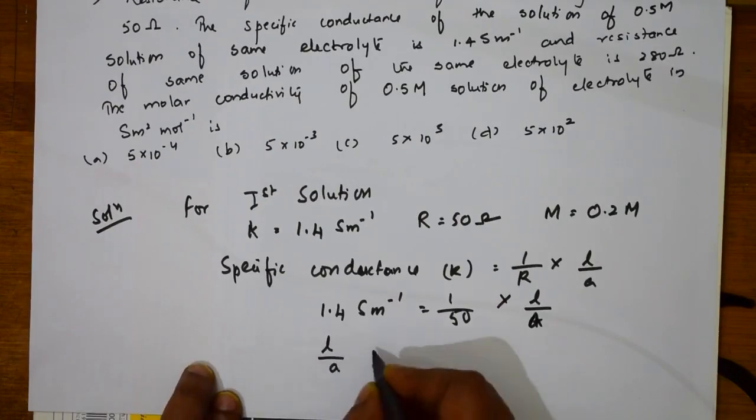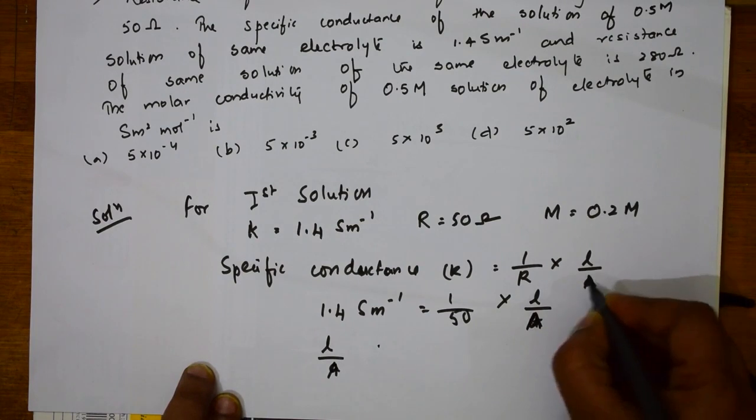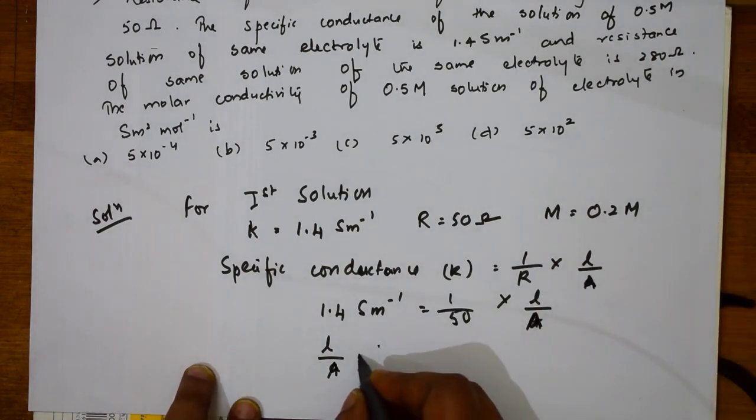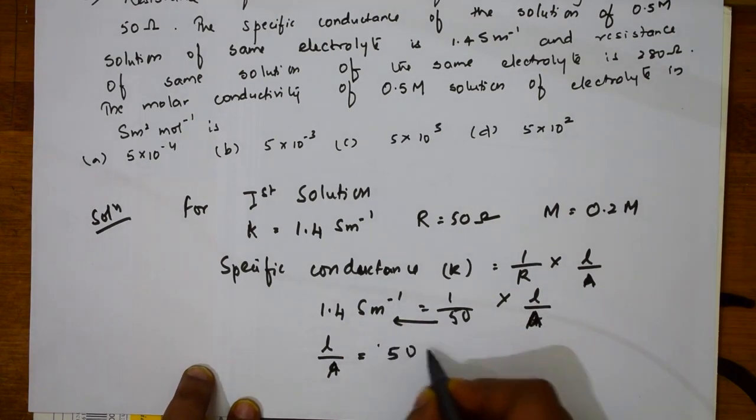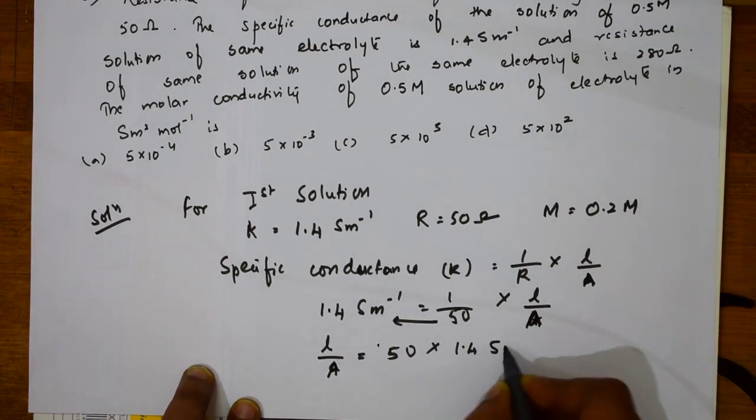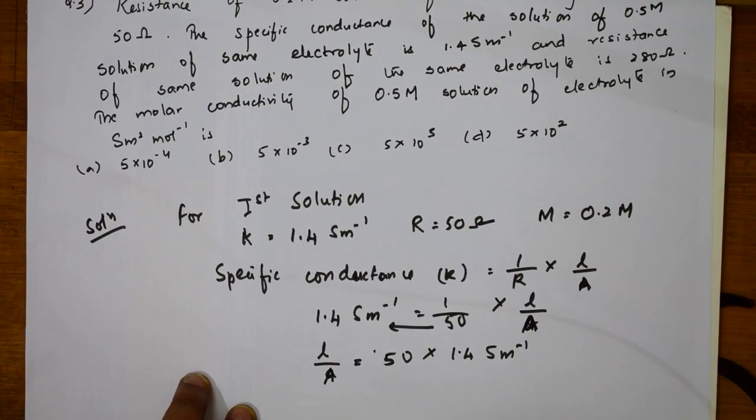Here A is the area of cross section. So L by A is equal to 50 into 1.4 per meter. Okay, first one I got.